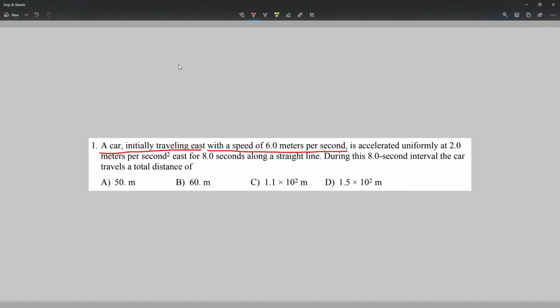All right, so we know that this right here should be a speed or velocity unit.